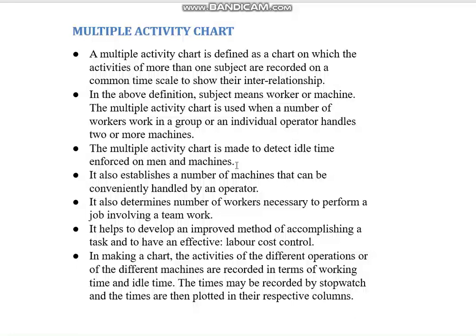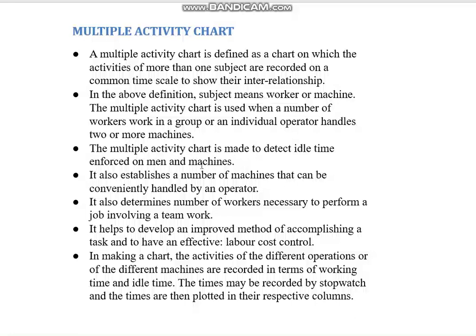We are studying the method to improve it. So here, by charting out this multiple activity chart, we will be able to detect idle time. Is there any time idle? The machine also is idle, man also is idle, or any of the idle times can be eliminated, thereby reducing the time.